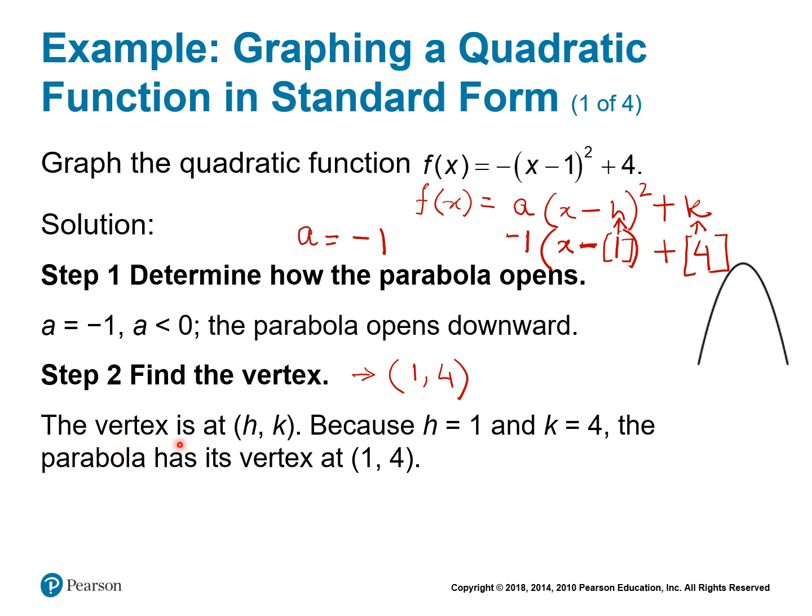They said the vertex is at h comma k, that's because h equals 1, and we saw, okay, we aligned the example with the generic form of the quadratic function, and then we saw that h was 1 and k was 4. The parabola has its vertex at 1, 4.